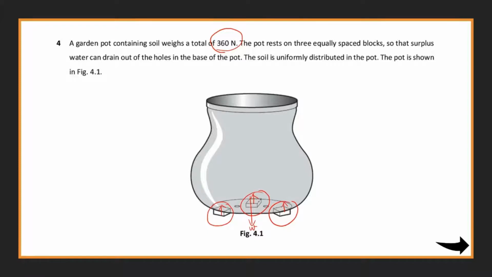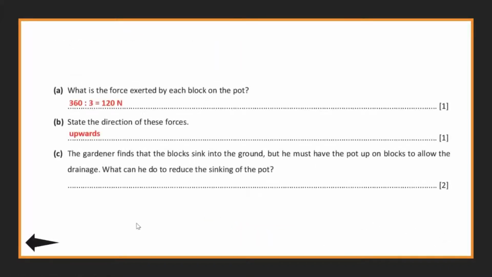To prevent the sinking, we have to reduce the pressure caused by the pot to the ground. We cannot change the weight of the pot, but we can change the contact area from the pot to the ground. So, the gardener must make the contact area from the pot to the ground larger.